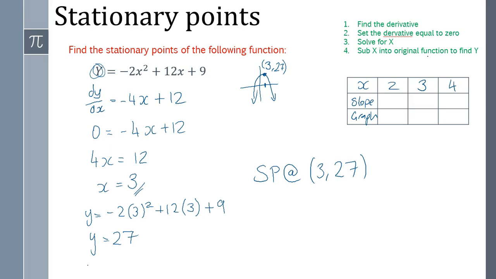Okay, I'm going to plug 3 into dy over dx. Now we've just solved this for 0, so if you get anything other than 0 at this point, go back and fix it, because otherwise the whole thing's going to go pear-shaped. So that's negative 12 plus 12, and that's 0. So that's flat. Okay, I'm going to do the same with 2.